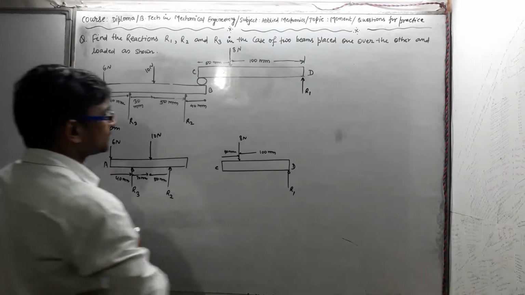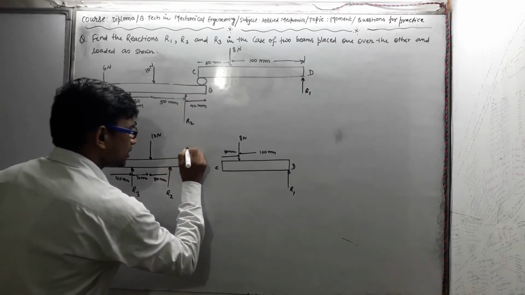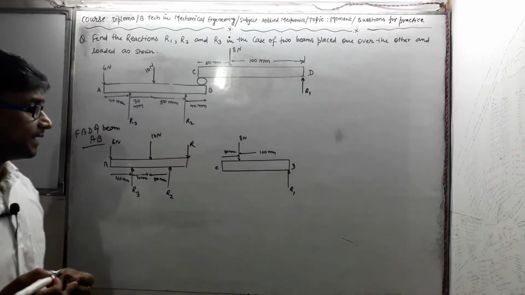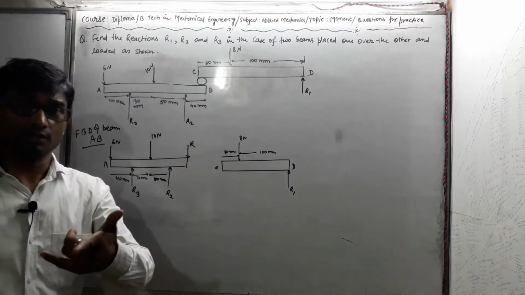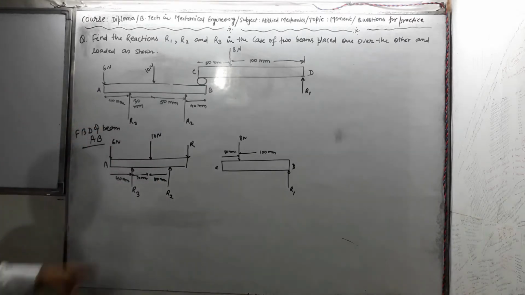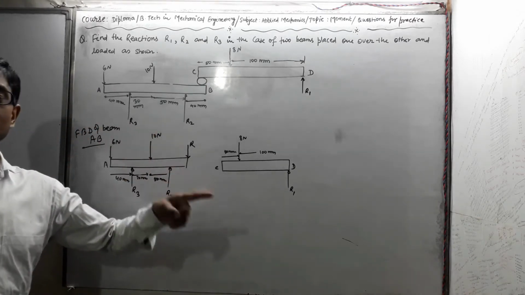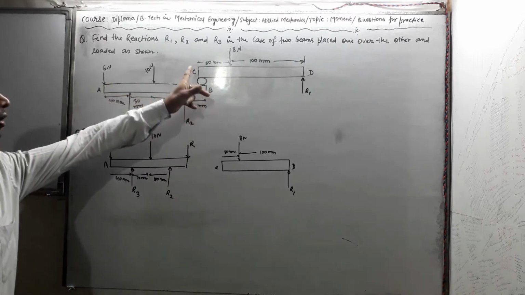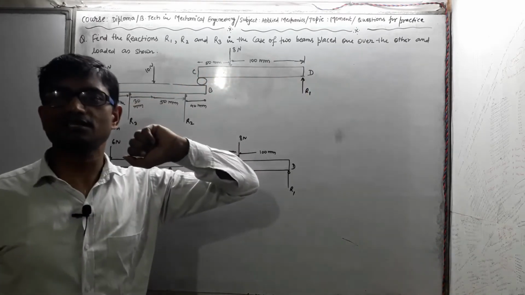Let's suppose this reaction force is R. As we know, according to Newton's third law of motion, equal and opposite reaction forces must be applied by beam AB on CD.